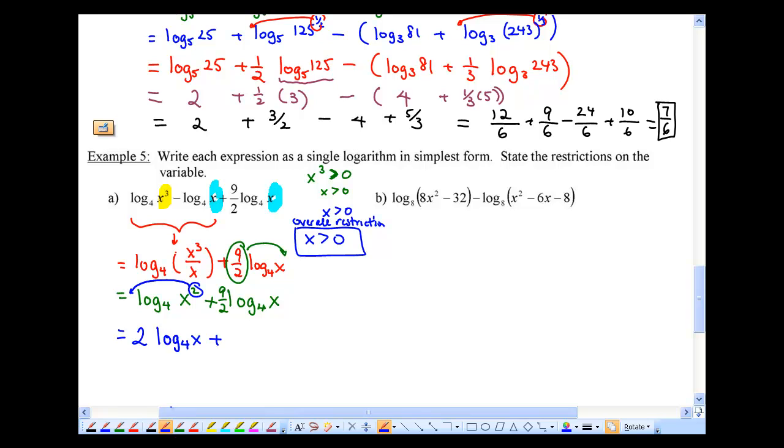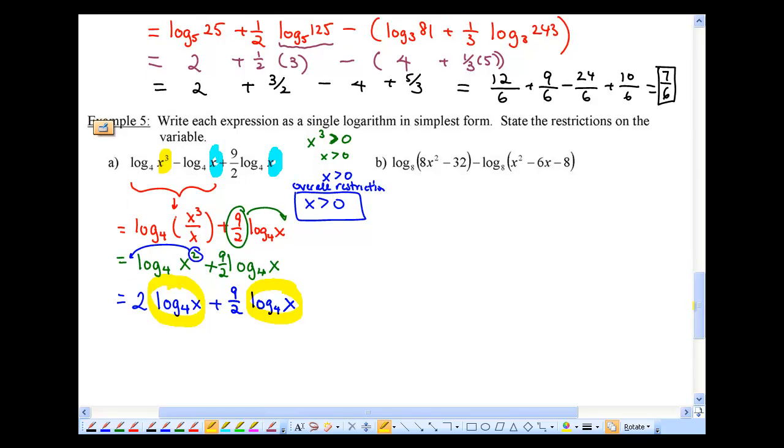I'm going to add that to 9 over 2 log base 4 of x. You see how you have like terms now? The log base 4 of x and the log base 4 of x are the same thing. So just like algebra, you add them together. So 2 plus 9 over 2, that's 4.5 plus 2, that's 6.5, or 13 over 2. So that's 13 over 2 log base 4 of x. And your restriction here is x is greater than 0. Done.